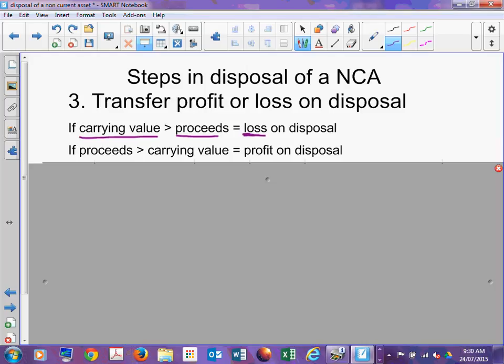So what the current value, historical cost minus accumulated depreciation is, if that's more than what you got for it, you'll get a loss. Does that make sense? So on the flip side, if you get more for your asset than what the carrying value says it's worth, you'll get a profit on disposal.